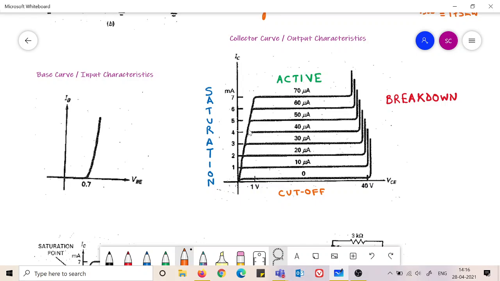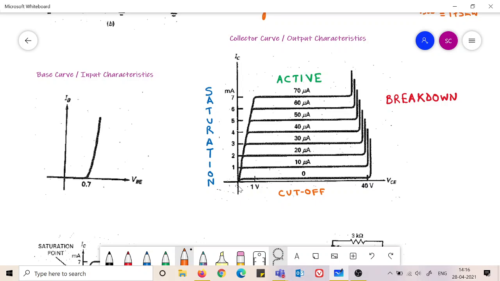What is this region? You see what VCE is doing? VCE is not the reverse bias potential across the collector base junction. VCE is the total potential across collector and emitter. However, VCE is causing a reverse bias in the collector base junction.